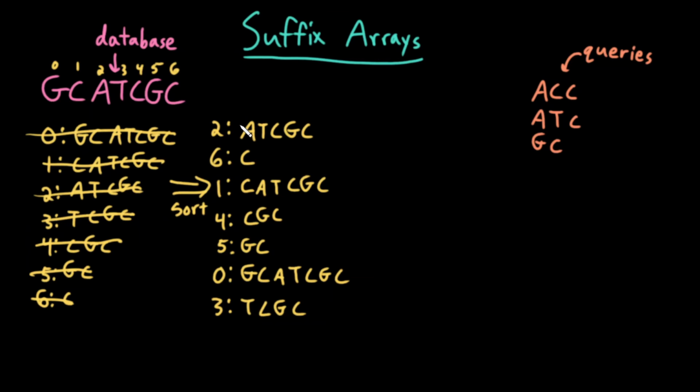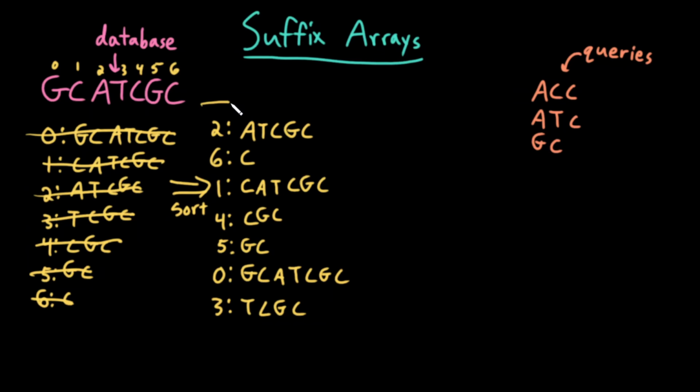Really, I don't actually have to store every single one of these full strings, right? Because if you gave me the start index, I can extremely rapidly produce the exact string. If you gave me index 2, I could tell you that suffix is ATCGC. If you gave me index 4, I could say that suffix is CGC.